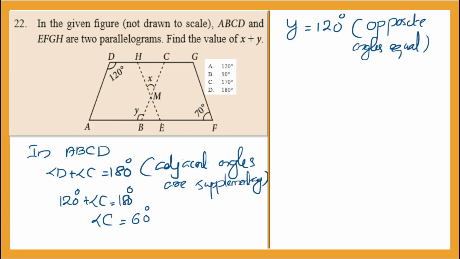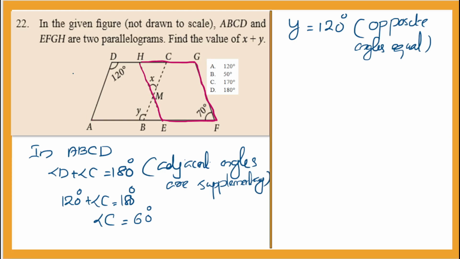Now next consider the parallelogram EFGH. In parallelogram EFGH, angle GH equals angle GF equals 70 degrees.